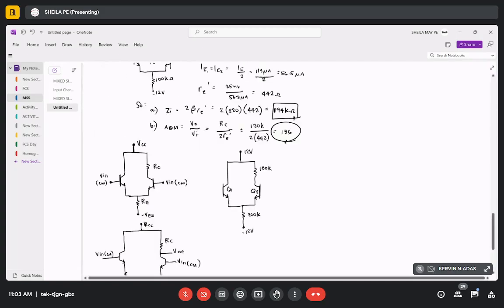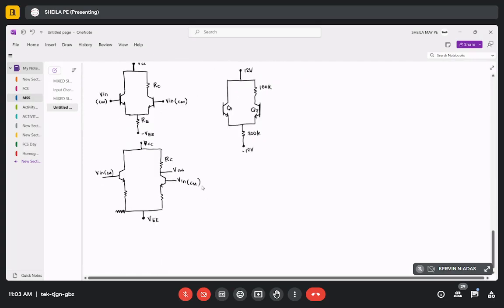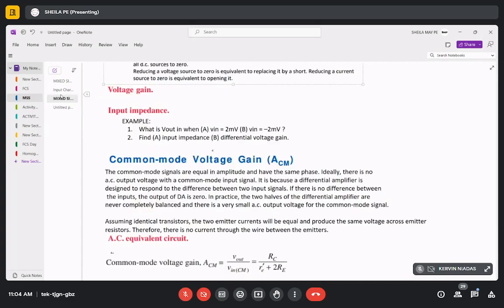Okay, so for this one, the equivalent circuit for our common mode is this one here. If you have an RC and we have Q1 and Q2 transistors here, they are shorted because they have a common mode signal. Assuming identical transistors, the two emitter currents will be equal and produce the same voltage across the emitter.